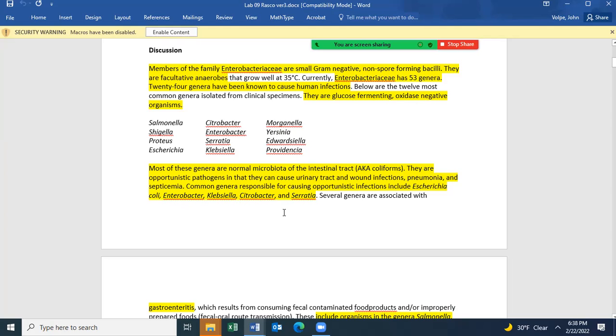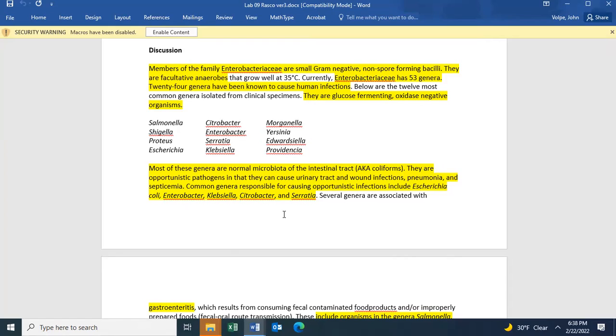Most of these genera are normal microbiota of the intestinal tract, aka coliforms. So we call them coliforms, and all it means is if it's a coliform, it's something that can grow in the colon or the intestines.